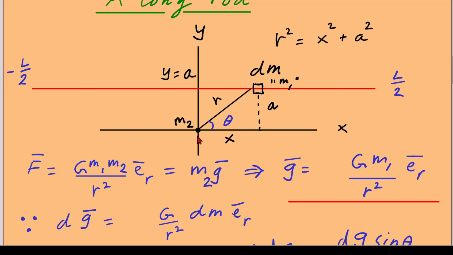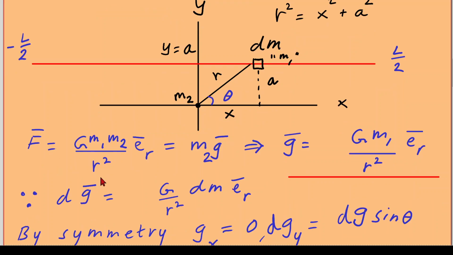So this contribution to the g field is just one of many, many, many. So it's a rather small contribution. Let's call it dg. And that's G over r squared dm. And in that direction, the g field is here.